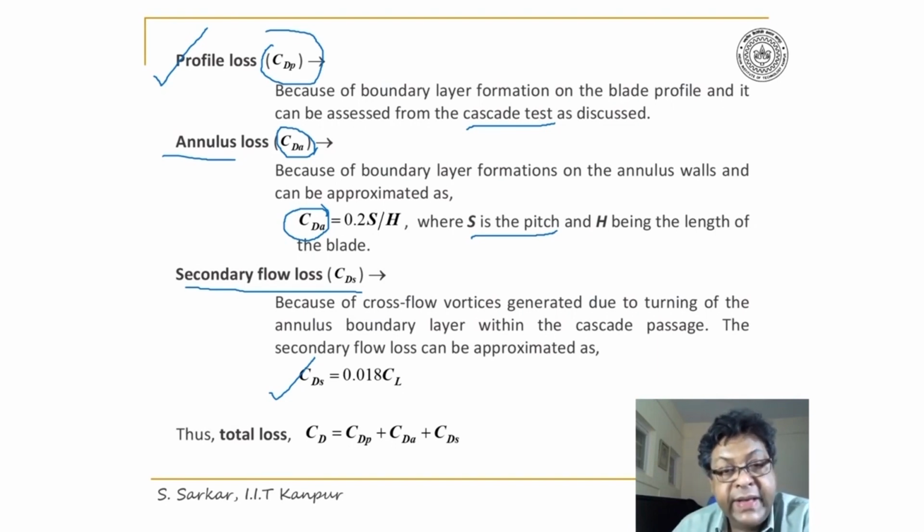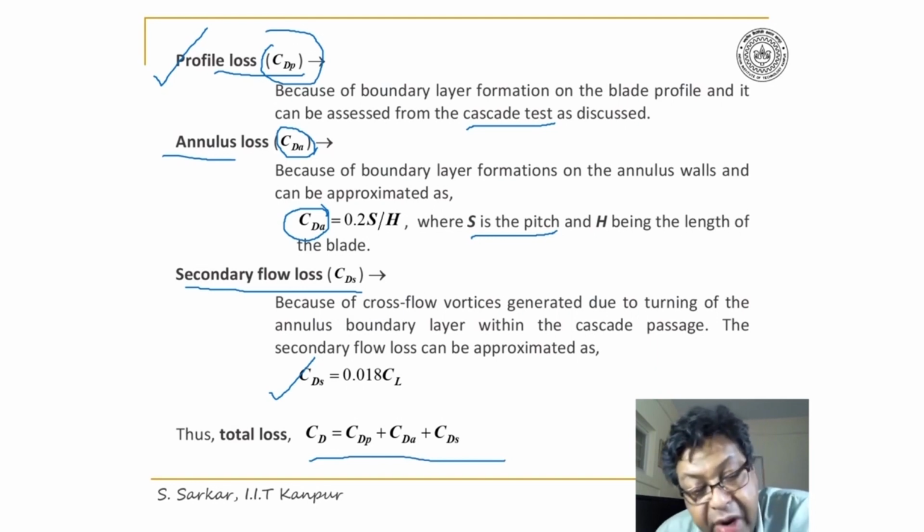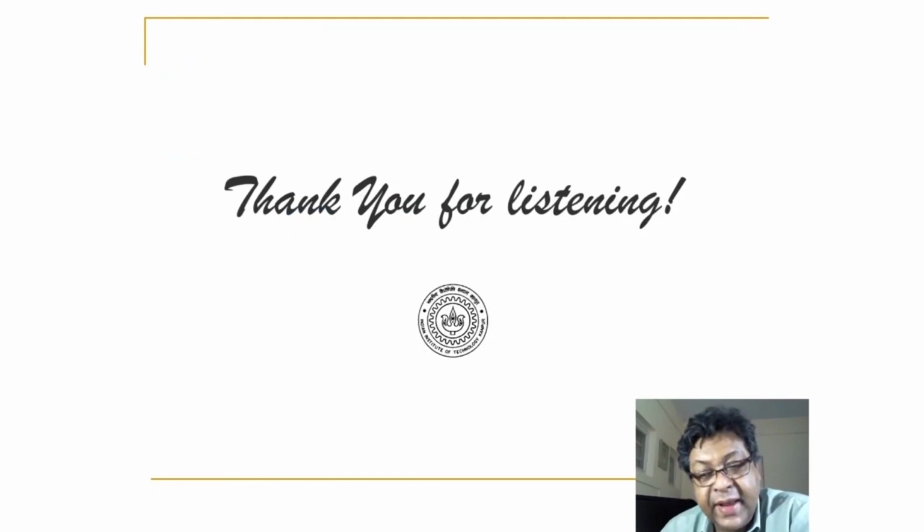So I can assess CDP, that is the profile loss coefficient, from cascade test, and the annulus loss coefficient and secondary flow loss coefficient from some correlation. After that, I can assess the total loss coefficient as CD equal to CDP plus CDA plus CDS. Thank you for listening.